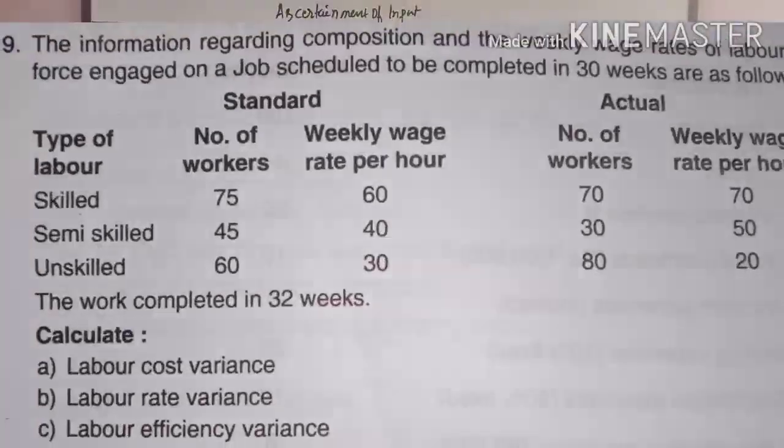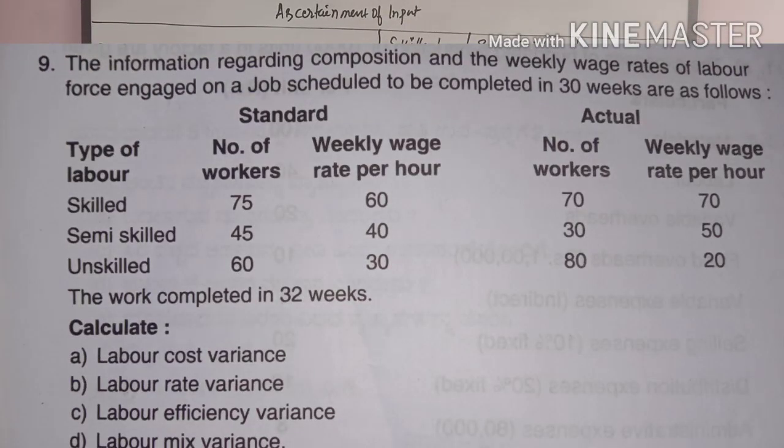The information regarding composition and the weekly wage rates of the labor force engaged on a job scheduled to be completed in 30 weeks is as follows. Type of labor, standard number of workers, weekly wage rate per hour, actual number of workers, and actual weekly wage rate are given. Skilled, semi-skilled and unskilled laborers have been classified.